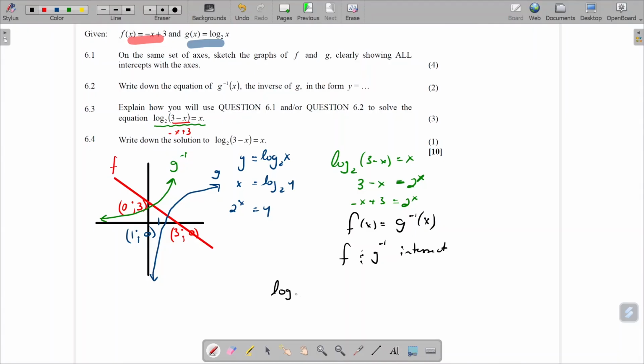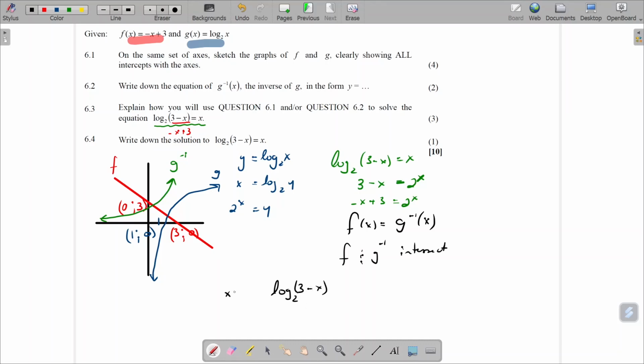Since this is only worth 1 mark, it can't be too difficult. And since we know the answer lies just to the right of the axis, let's just try it by trial and error. So log 2 of (3 minus x).